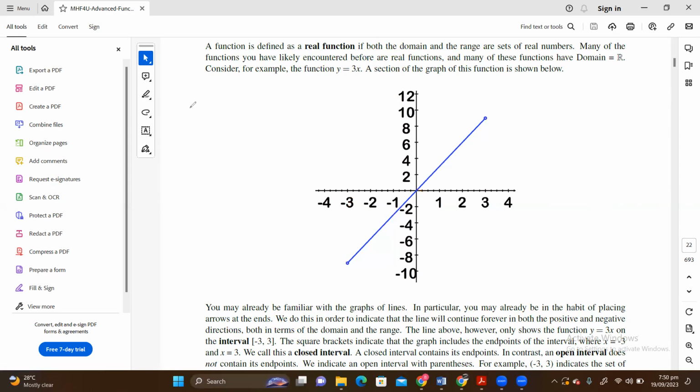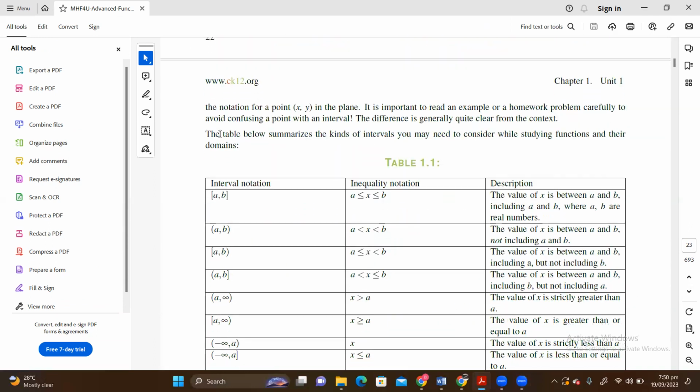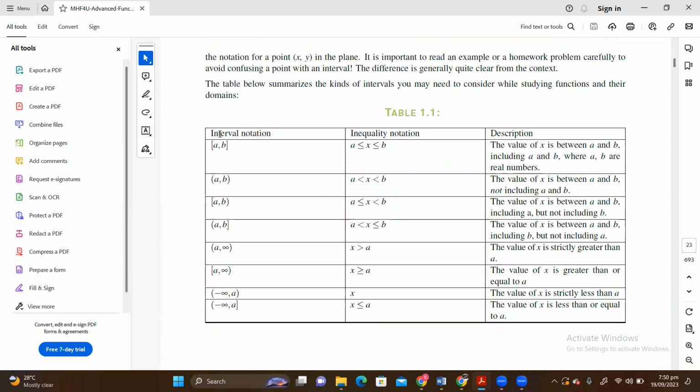This is what they're trying to explain. On the next page, there is a table. If you look at the table, we have [a, b] as a closed interval. The square brackets mean closed interval a, b. So the interval notation is [a, b]. If we write it in the form of an inequality, it can be written as the values of x are between a and b, including a and b, and the equal to sign means including a and b.